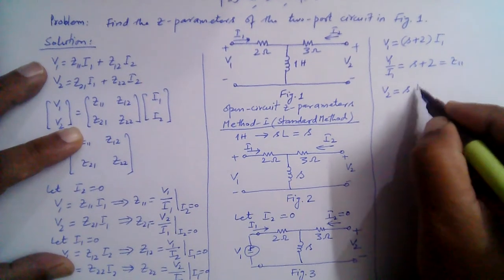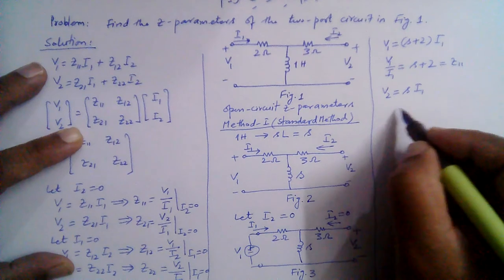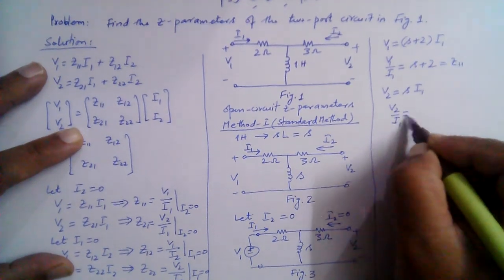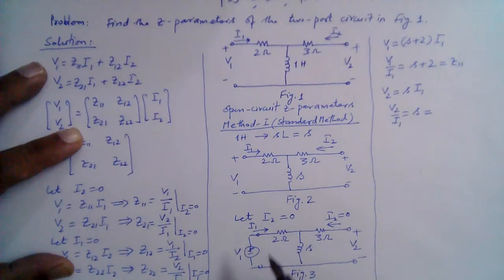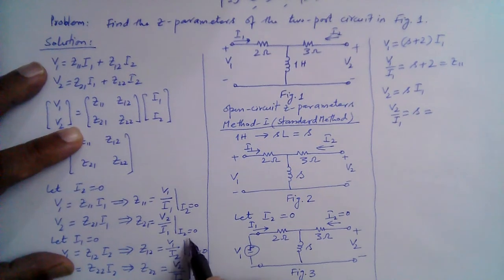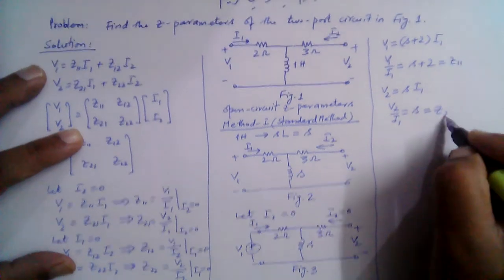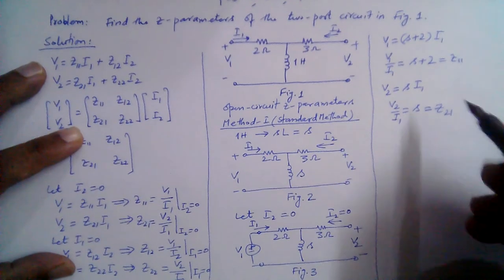That means V2 divided by I1 is equal to S. But V2 divided by I1 when I2 is equal to 0 is Z21. So we have found two parameters using this circuit.